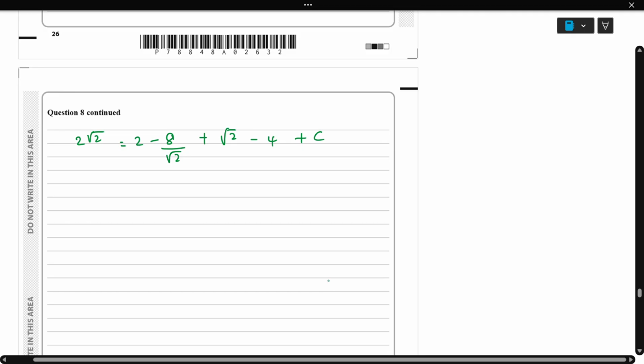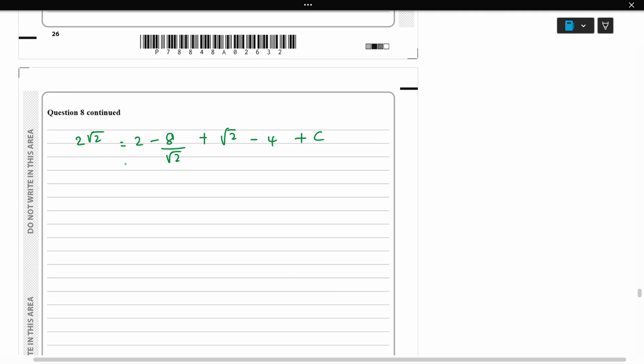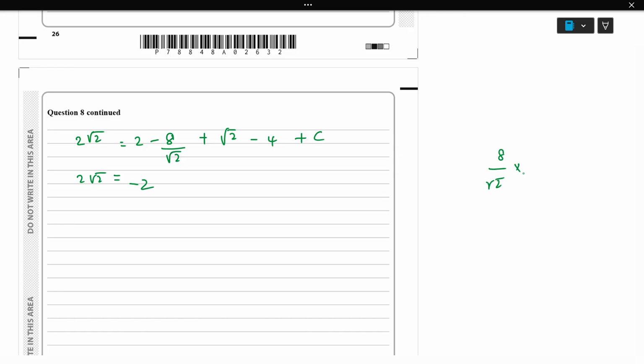So the next step, 2 root 2 equal to 2 minus 4 becomes minus 2, and this one, 8 by root 2, we rationalize the denominator, root 2 by root 2, so it's going to be 8 root 2 by 2, which is 4 root 2.